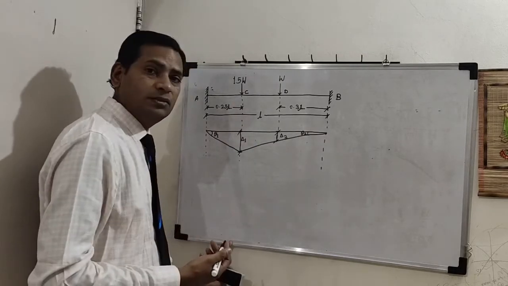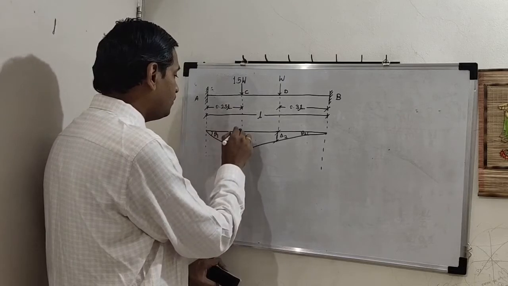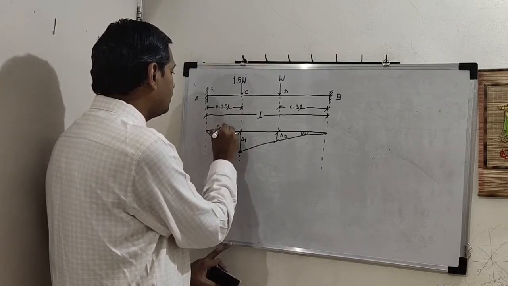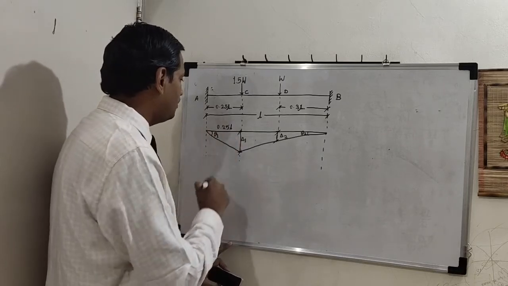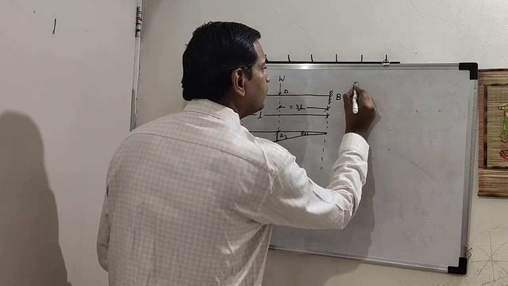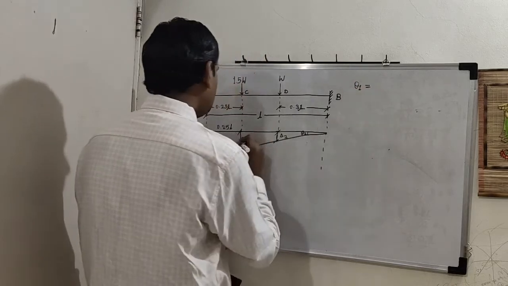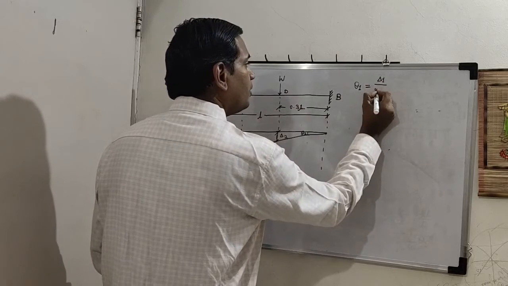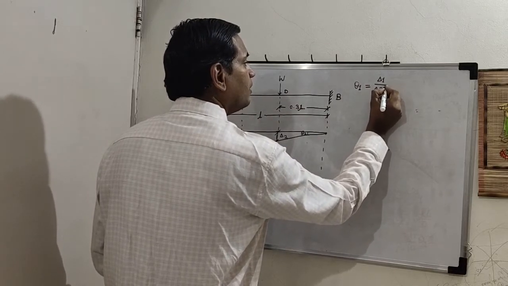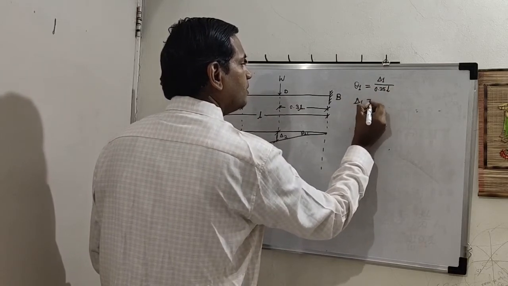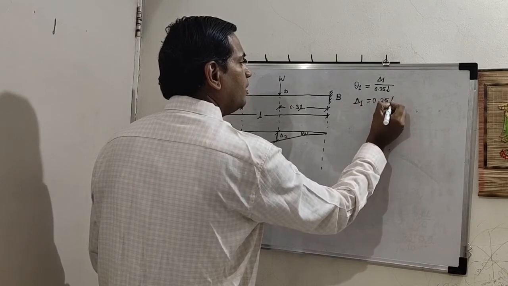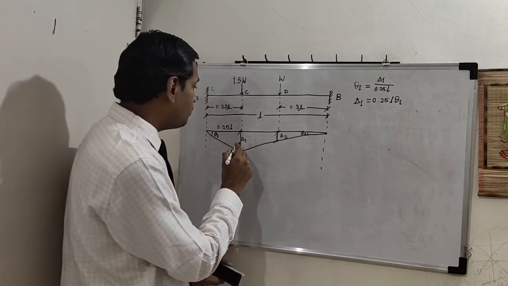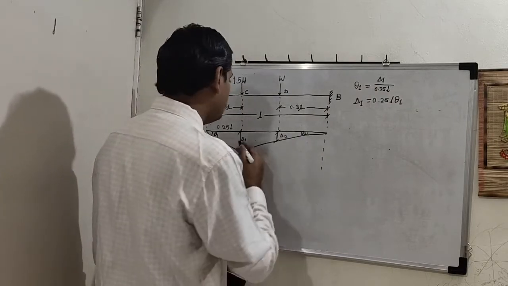So simple geometry. First we will consider this right angled triangle where this side is 0.25 L. So theta 1 is equal to delta 1 divided by 0.25 L. Okay. So delta 1 is 0.25 L into theta 1. Another relationship of delta 1 with theta 2.